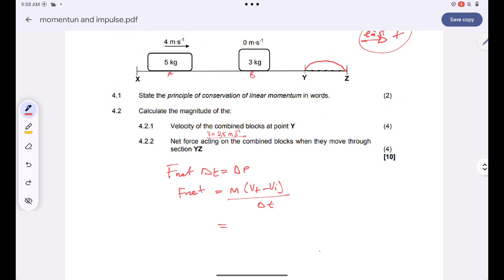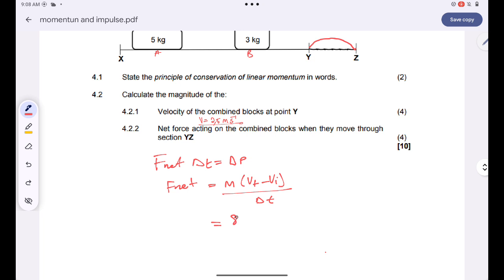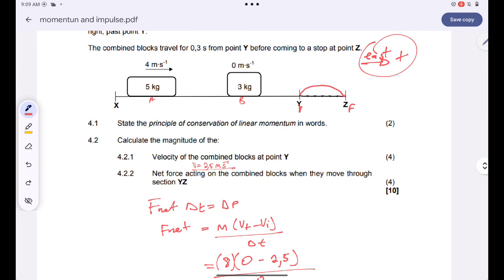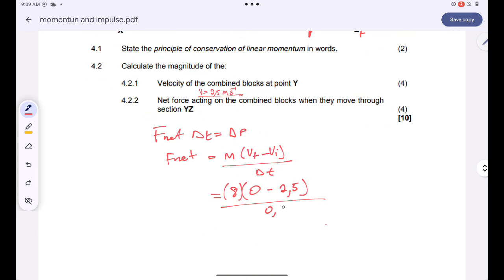The mass of the two blocks combined is 8 kilograms, and their velocity at point Y will be the initial, and point Z will be the final point. Their final velocity will be 0 meters per second, and their initial velocity we calculated to be 2.5. The time it took to travel from point Y to Z is 0.3.